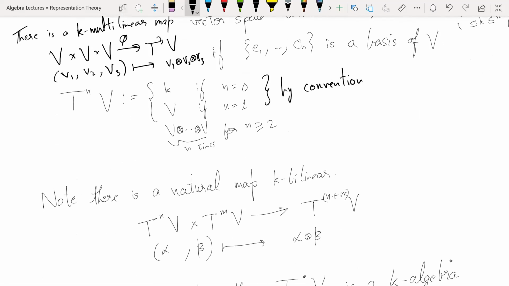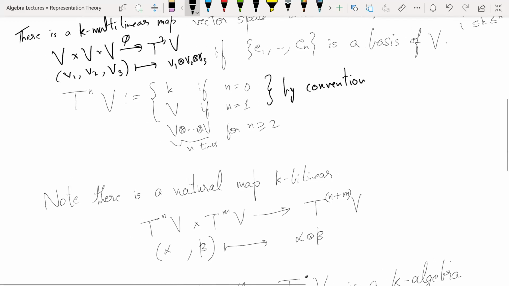Say you take an element alpha of T^n V and an element beta of T^m V, then you send it to alpha tensor beta. So all this makes sense, but one has to check that it all makes sense.